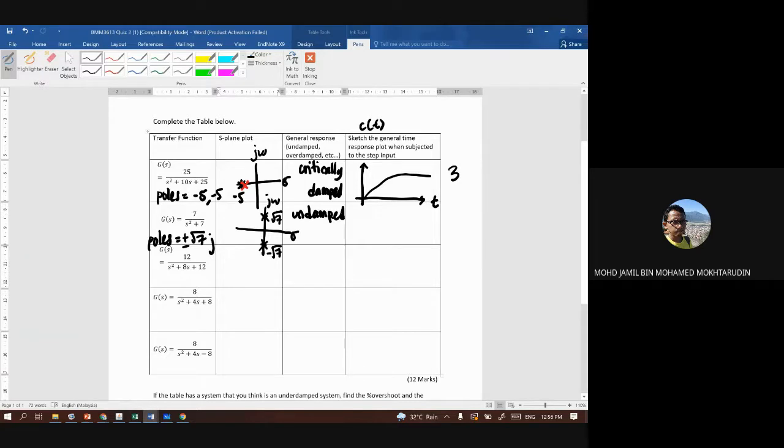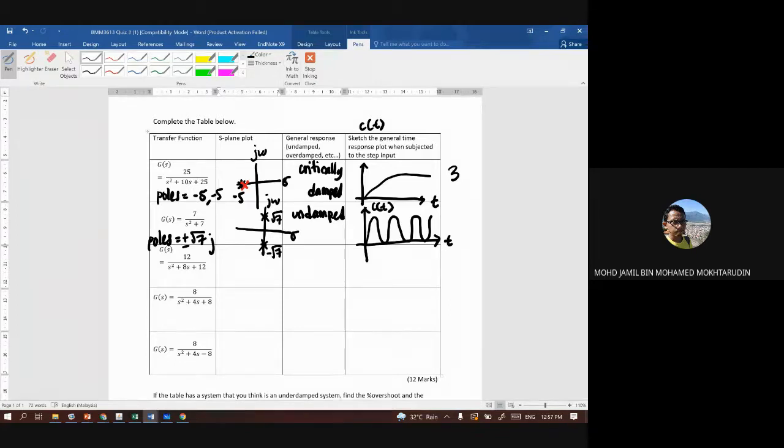And then lastly, you sketch the time response under step input. You will get a marginally stable system, a system that keeps oscillating even when time reaches infinity.